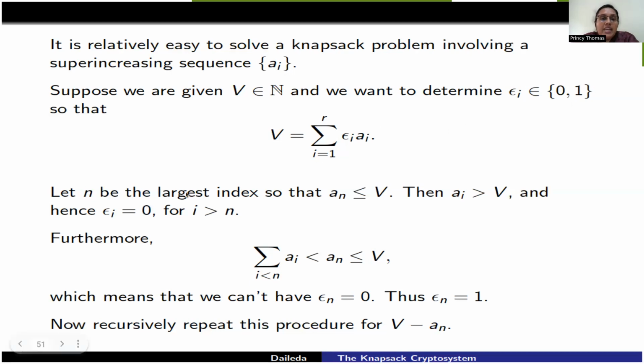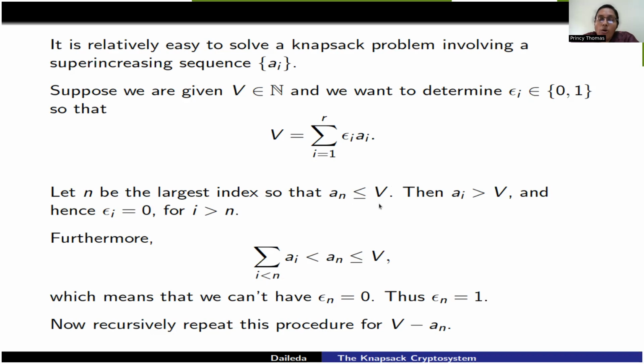Let N be the largest index. We are first trying to find out the epsilon of N for A of N. So let N be the largest index so that A of N is less than or equal to V.